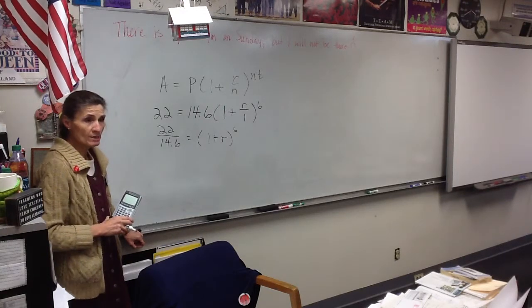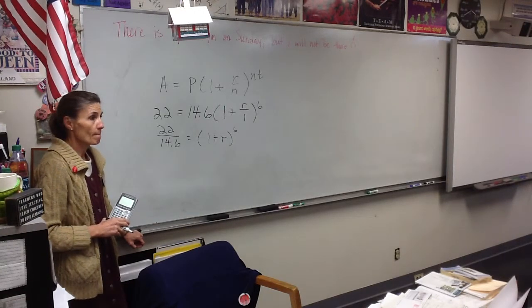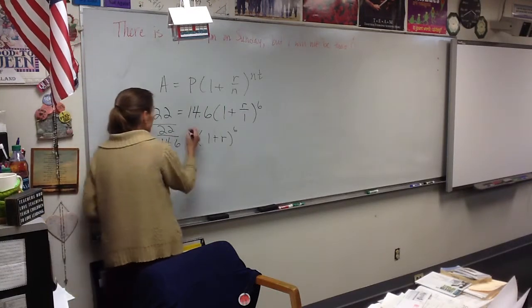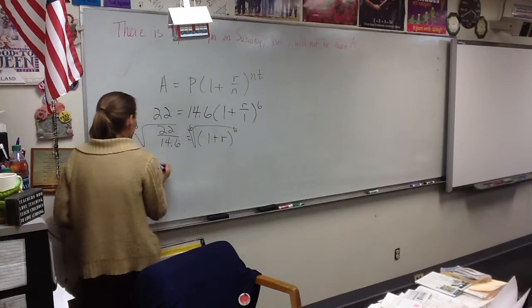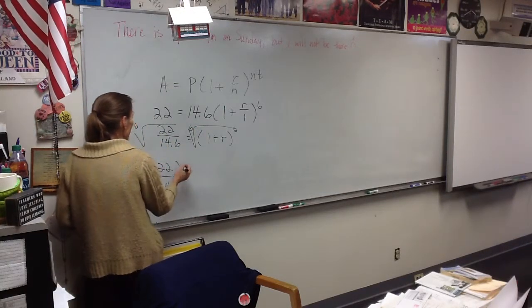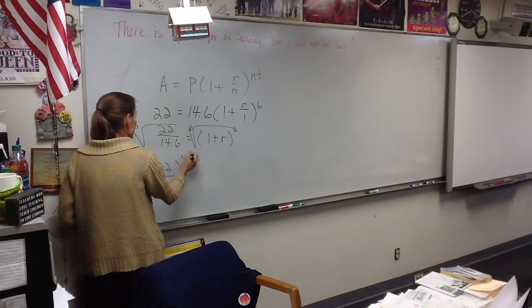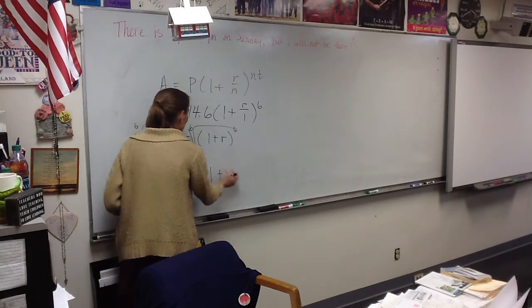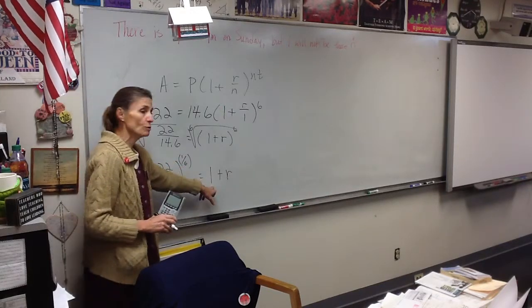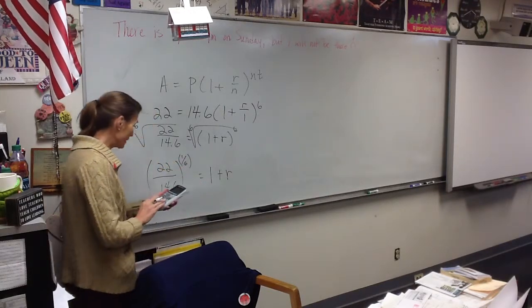Okay, so what do I do? I'm going to take the 6th root of both sides. Only when I type that into my calculator, I'm going to raise this to the 1/6 power. And once I get that accomplished, all I need to do is subtract 1.